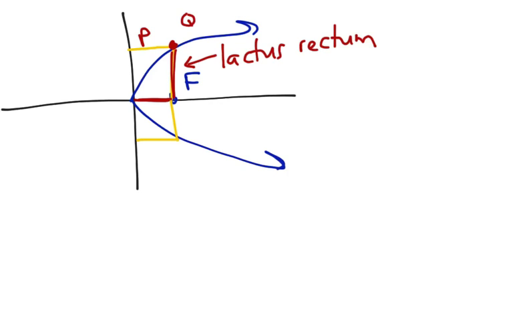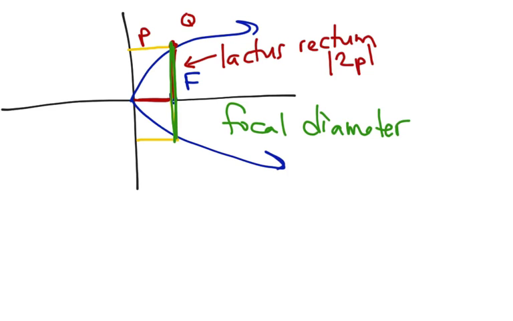Well, the latus rectum ends up being the absolute value of 2p, approximately. And this entire length here, from one side of the parabola to the other, that passes through the focus, is called the focal diameter. And the focal diameter can be used to estimate the width of a parabola.